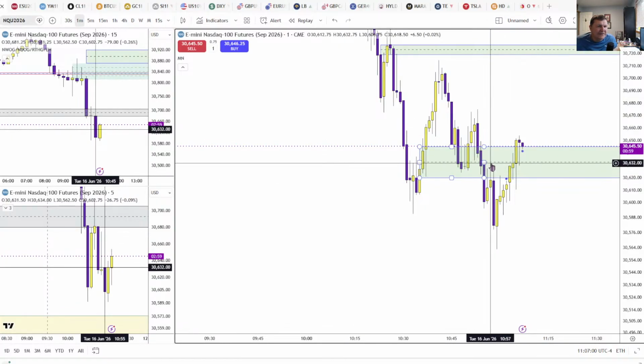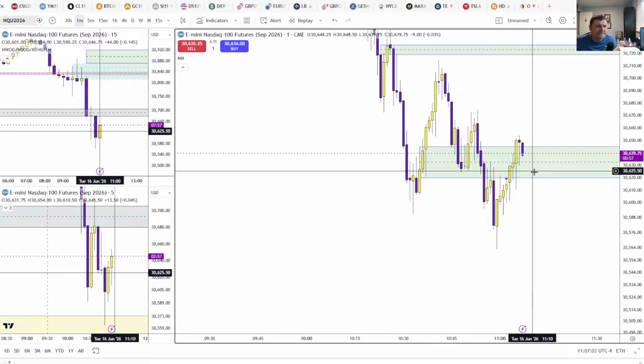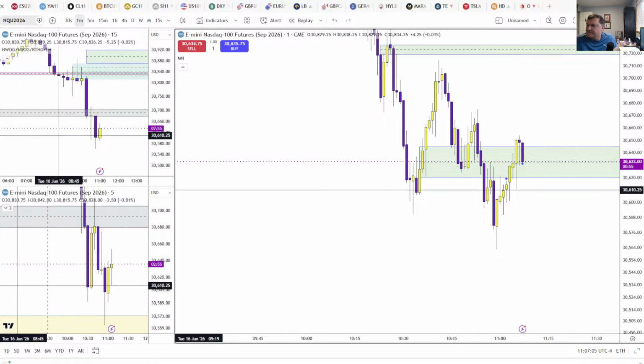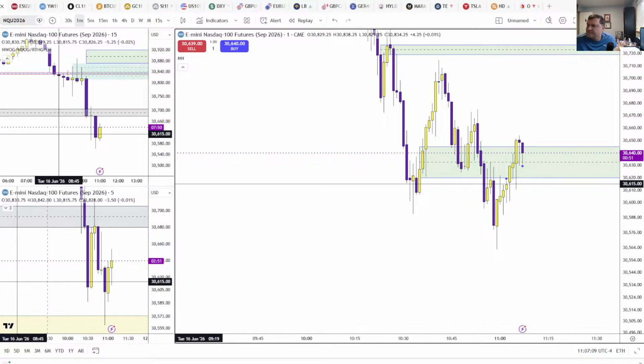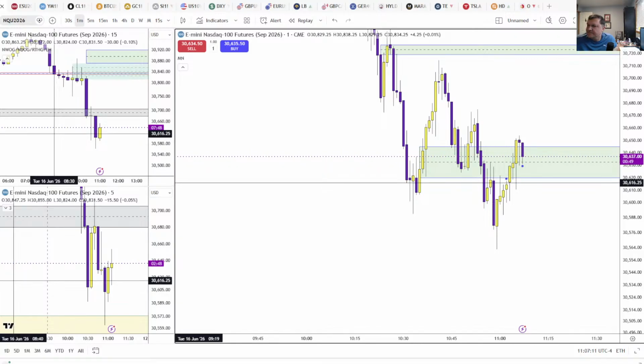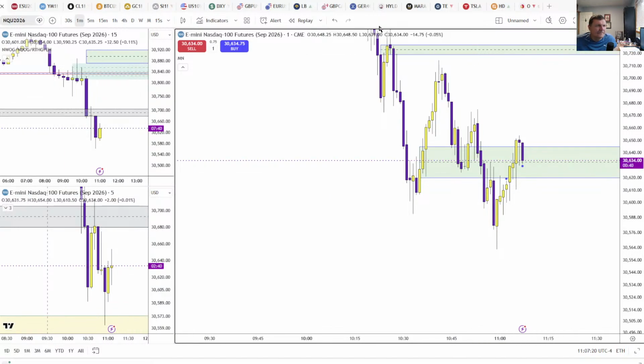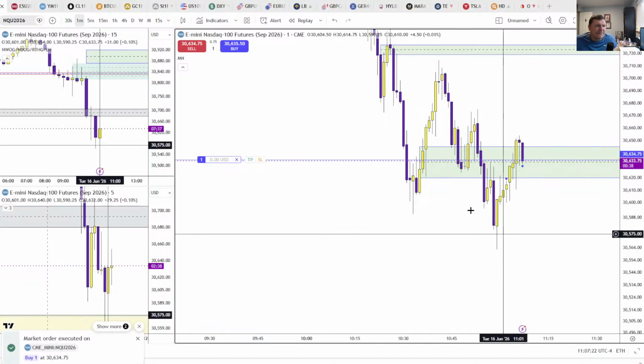There's a retest there. I like that spot right there.